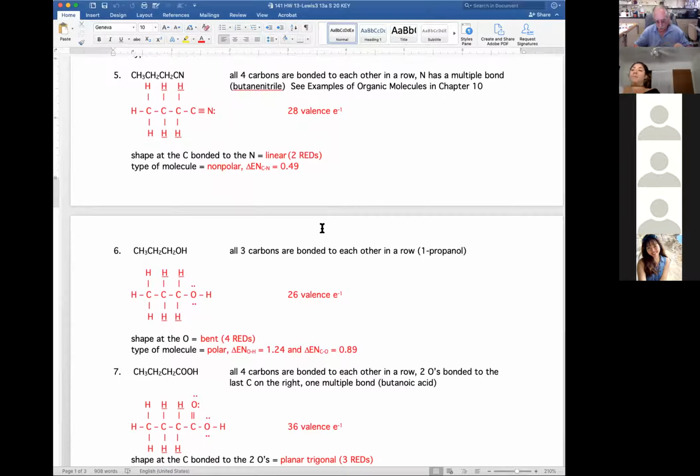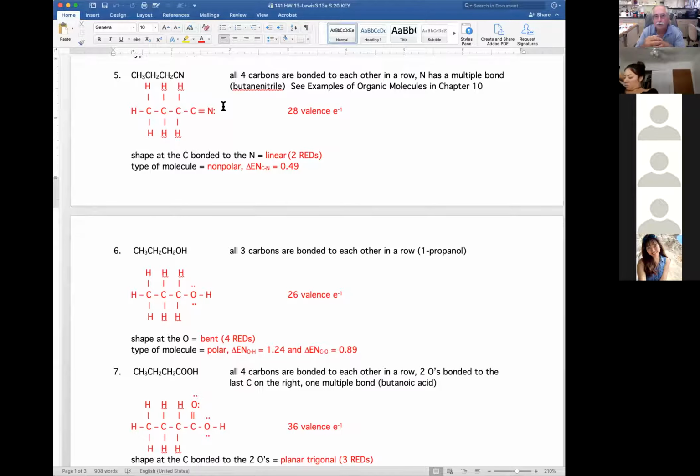So with these last ones, I'm just trying to get you to think about organic compounds a little bit. So all this part of this butane nitrile over here is non-polar. It's very, very slightly polar over here. And you know what's really interesting about nitriles is we use them because they can dissolve a non-polar molecule a little bit, and they can dissolve a polar molecule a little bit.